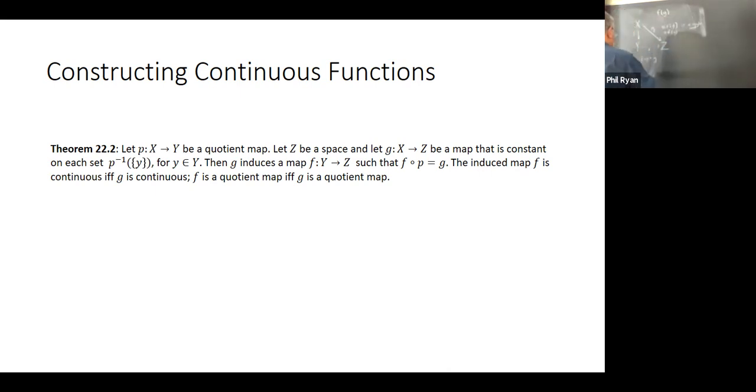So if x is some element of X, then p of x equals some y, right? Because p is surjective. So g of x equals f of p of x.